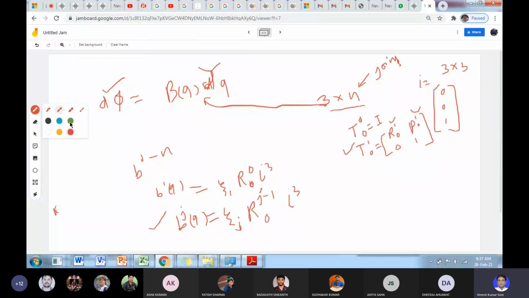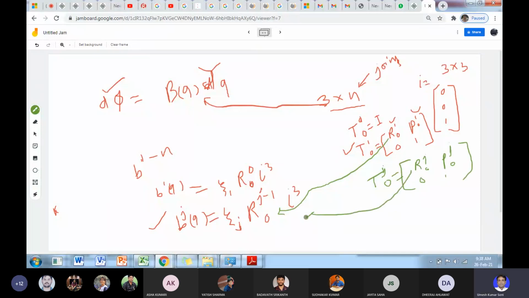Any joint J0 is given by R J0, P J0, 0 and 1, then RJ will come here. So any column of this is given by this.